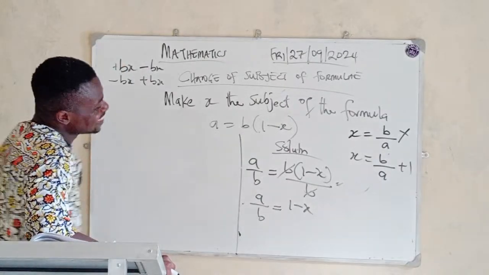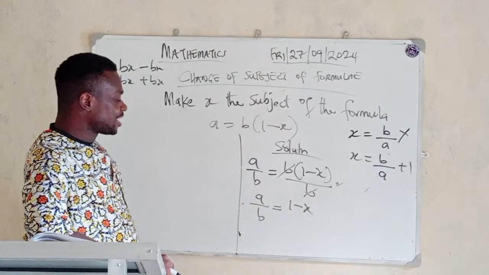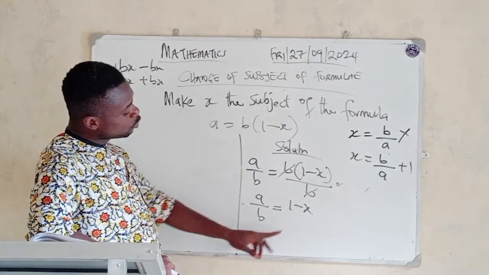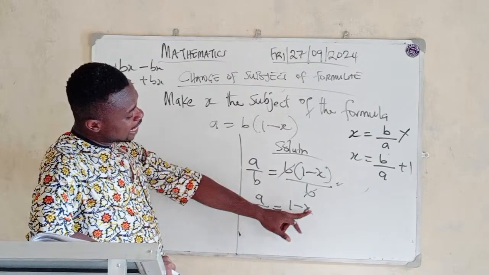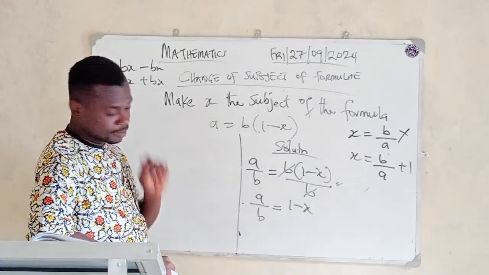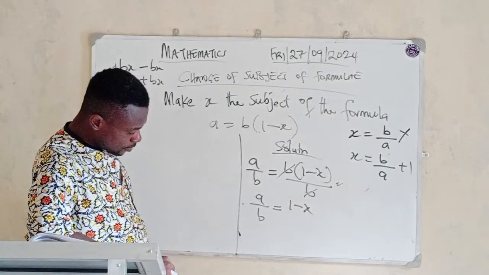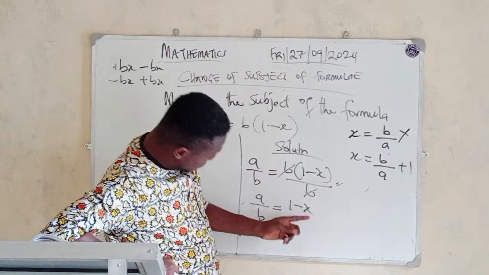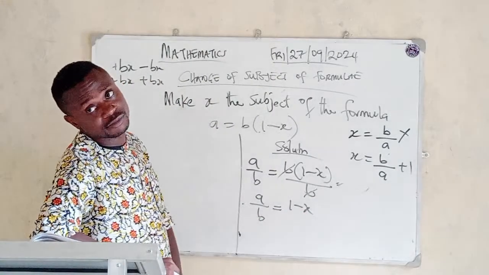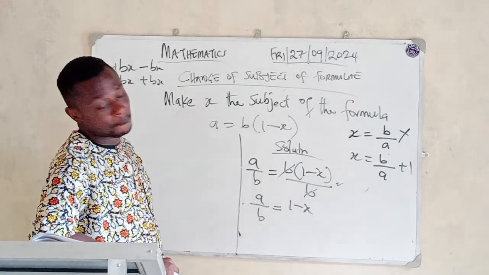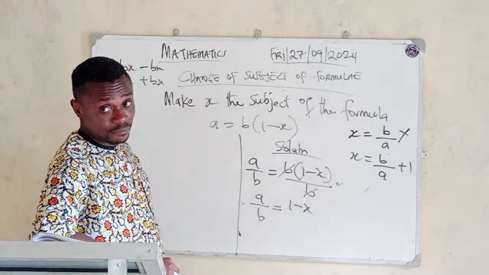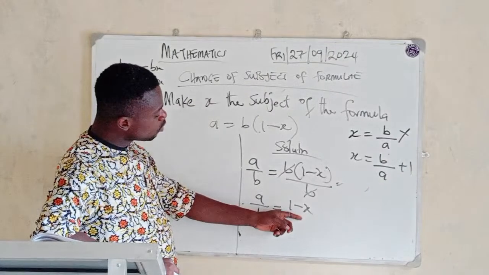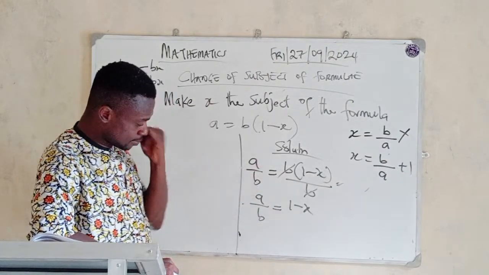Okay. No problem. Just watch out. The operation between 1 and x is minus. Now, what do you think we can do here to get only x standing here?